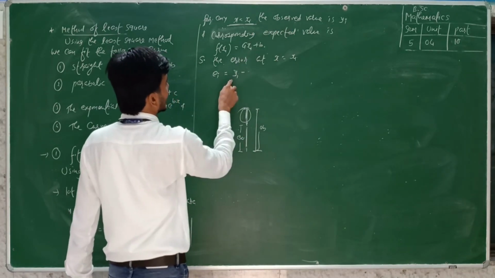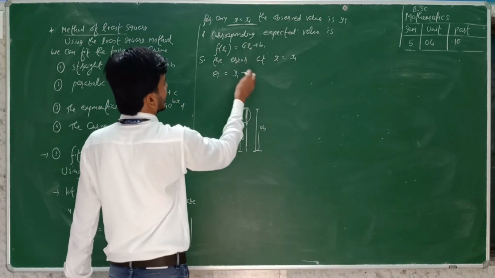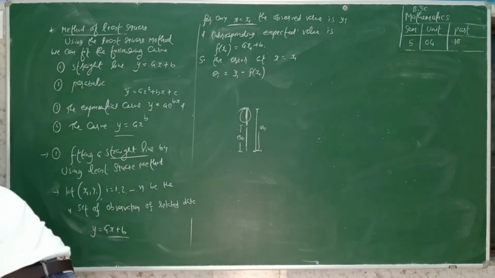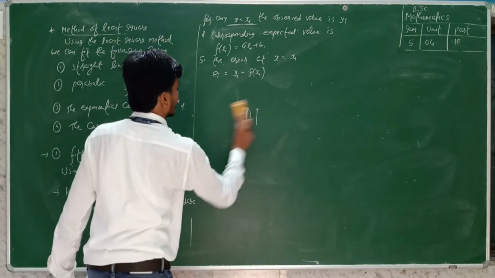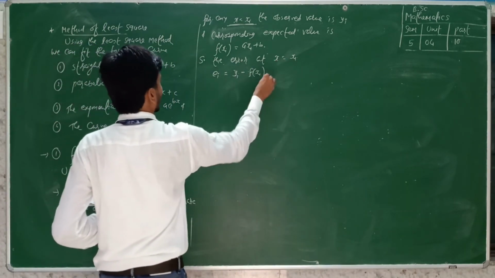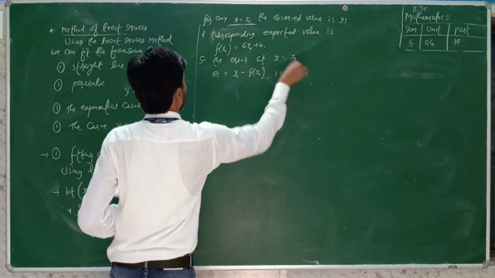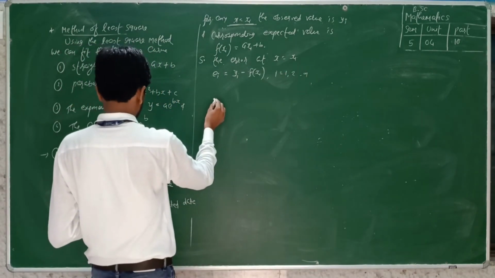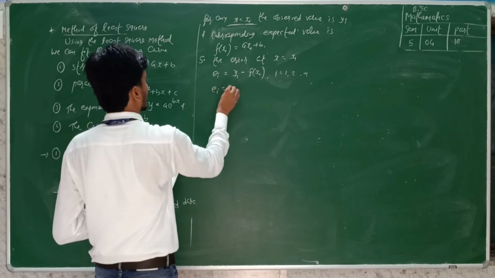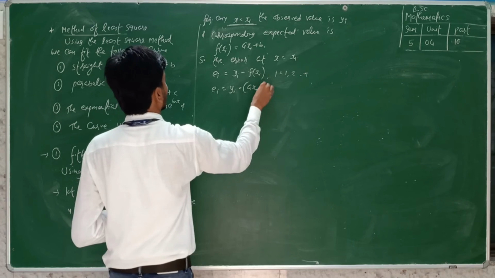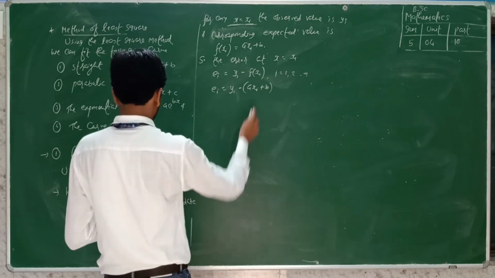The observed value is yi, the corresponding expected value is f of xi, so ei is equal to yi minus f of xi. So the error at x is equal to xi, where i is equal to 1 to n observations. Therefore we can write ei is equal to yi minus f of xi, that means yi minus axi plus b.